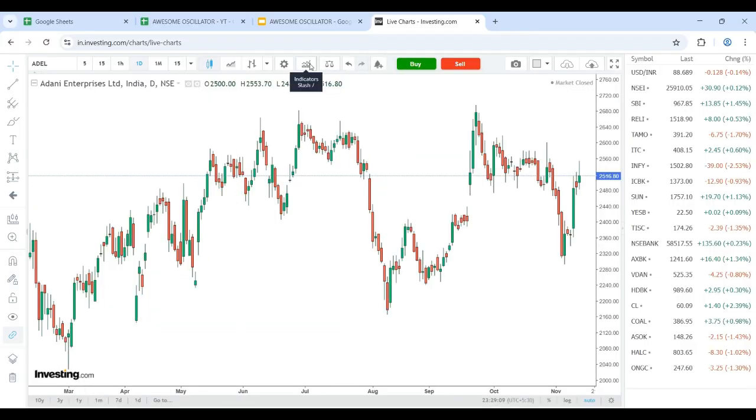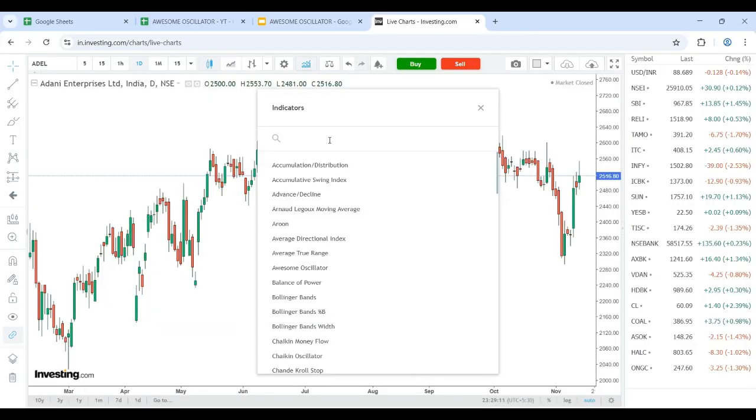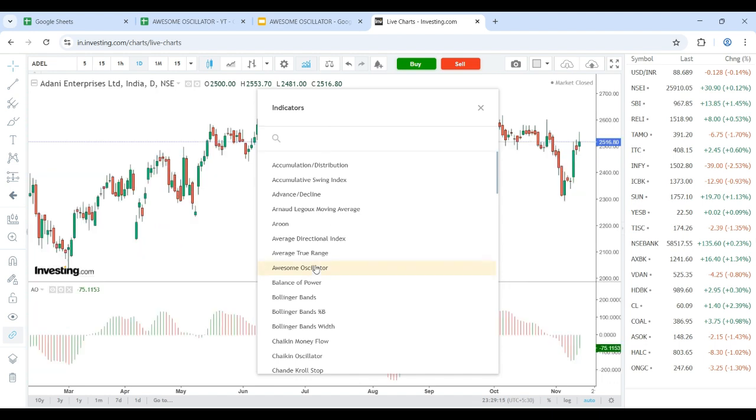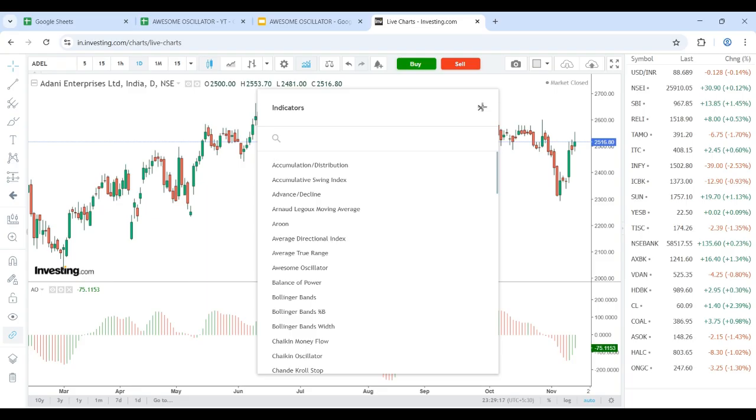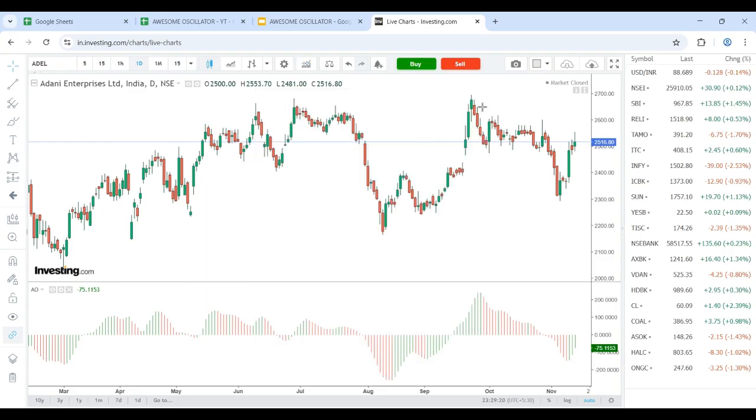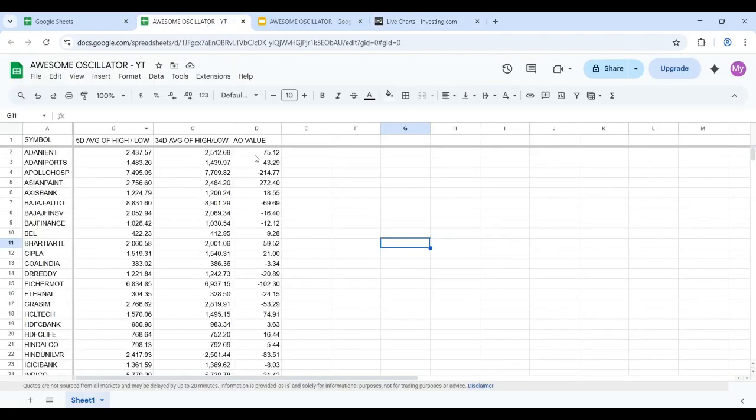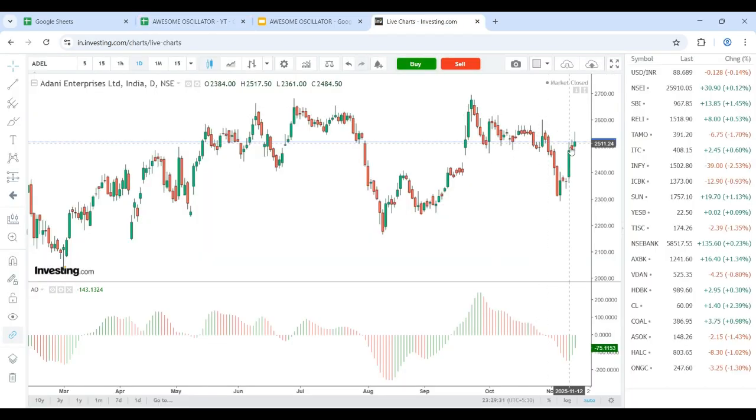I will go to awesome oscillator. So this is the awesome oscillator. This is a daily chart. And what is the awesome oscillator value? It is minus 75.12. So this is the daily chart, same day.